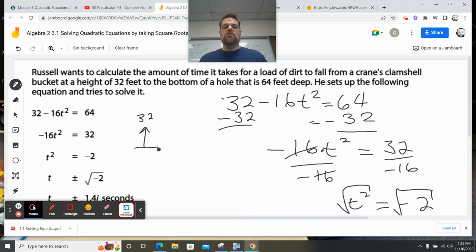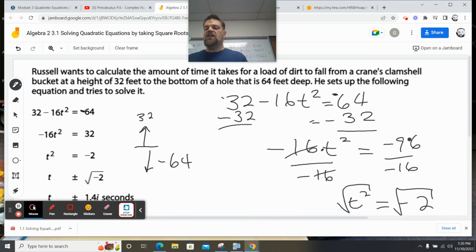And to the bottom of a hole that is 64 feet deep. Isn't that negative 64? So if this is negative 64, oh, you'd have to redo the whole thing. Then this would be negative 64. If that's negative 64, what's negative 32 plus negative 64? That would be negative 96, right?